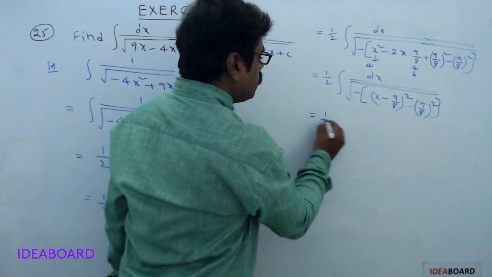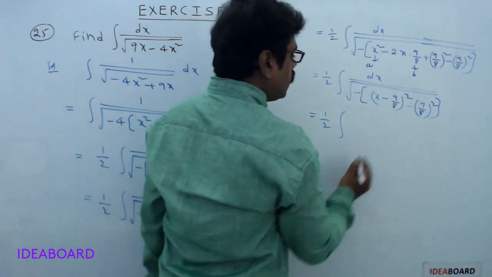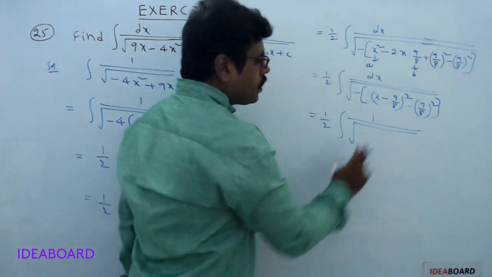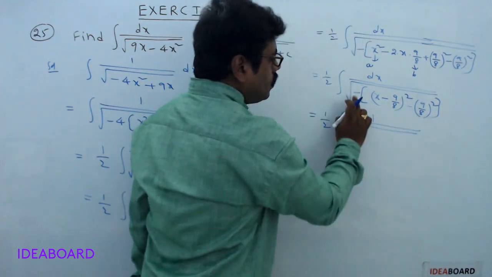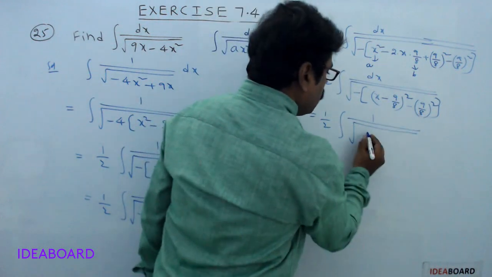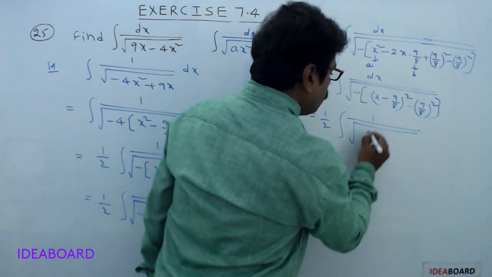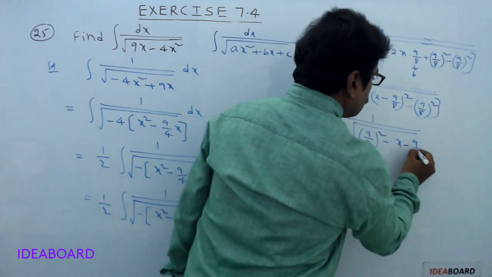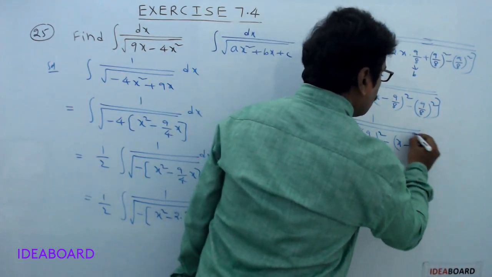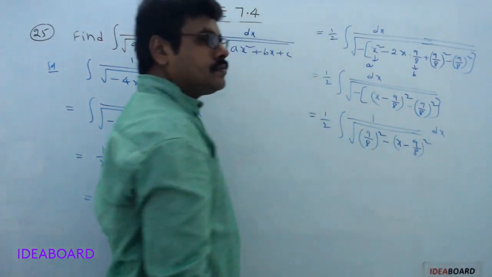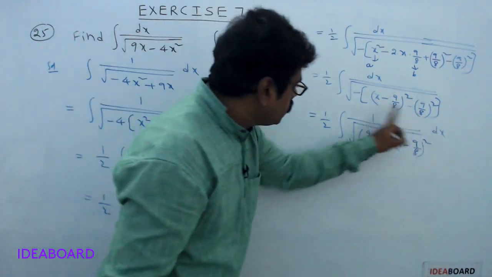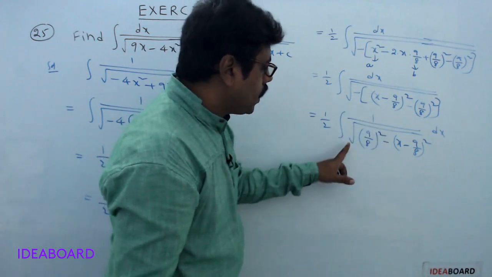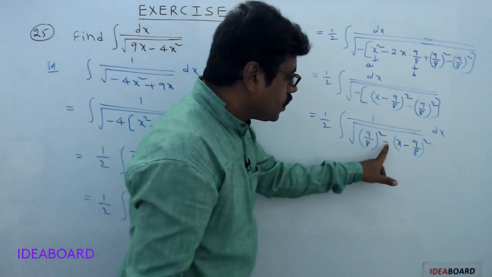Now this is equal to 1 by 2 into integral 1 divided by square root of, multiplying these two terms with this negative sign, it is 9 by 8 whole square minus x minus 9 by 8 whole square dx.